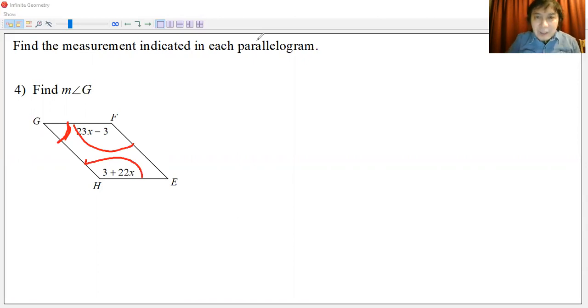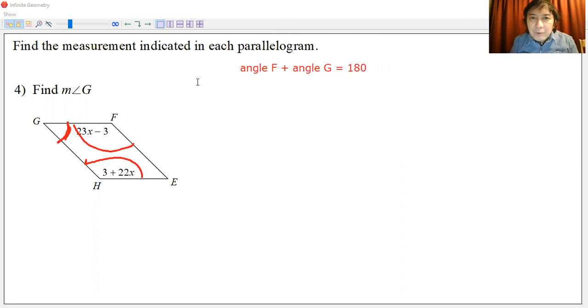So this is like this one. Angle F plus angle G is 180.